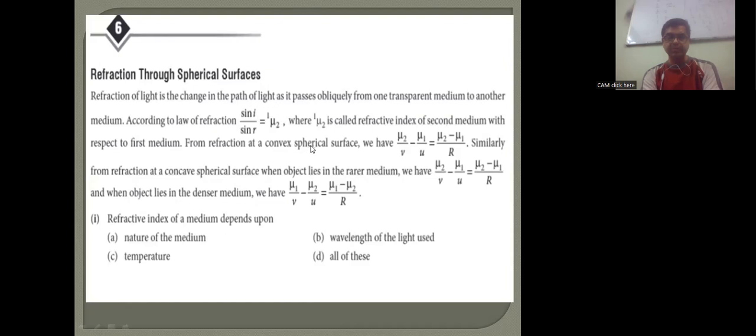From refraction at a convex spherical surface, we have mu2 by v minus mu1 by u equals mu2 minus mu1 by R. Similarly, from refraction at a concave spherical surface, for an object in the rarer medium, mu2 by v minus mu1 by u equals mu2 minus mu1 by R. If an object lies in the denser medium, again mu1 by v minus mu2 by u equals mu1 minus mu2 by R.